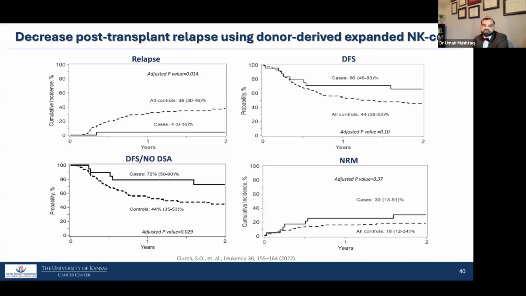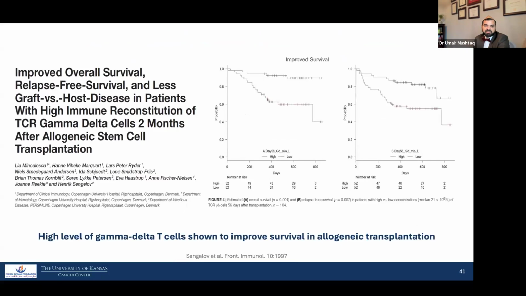These slides just show NK cell infusions post-transplant improve outcomes. There is currently a trial open at MD Anderson looking at that. This shows gamma delta T cells, an important part of the innate immune system, good recovery of gamma delta T cells, and post-transplant infusions will prevent relapse and will improve outcomes.